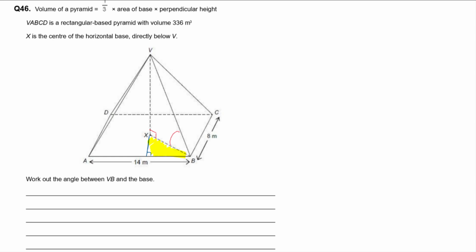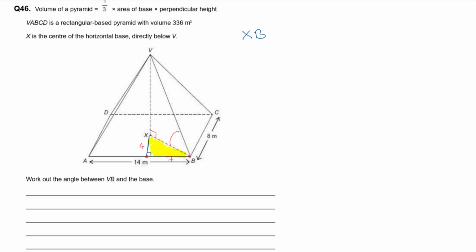I can work out Pythagoras theorem from this triangle, because I know that the distance from there to there is going to be 7. It's half the 14, and the distance from there to X is going to be 4, isn't it? So then I can work out XB from that.